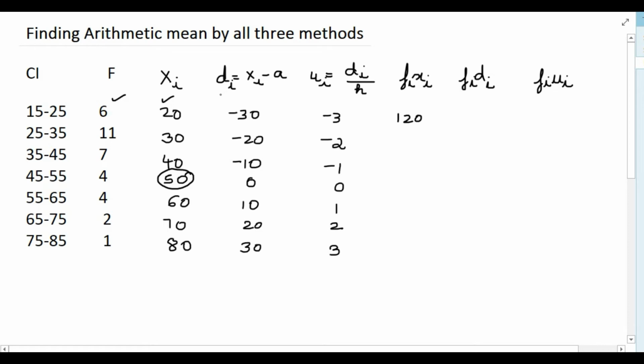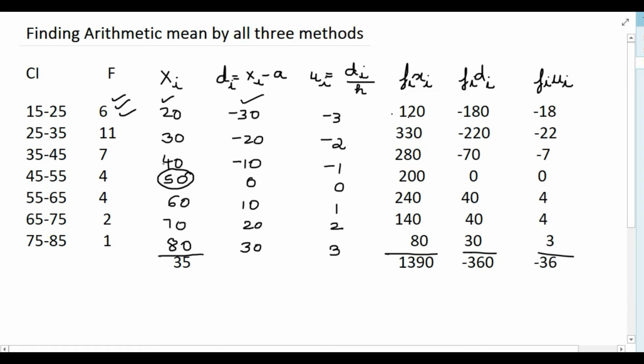Again fi di is 6 into minus 30, which is equal to minus 180, and fi into ui is 6 into minus 3, which is minus 18. So try to find out fi xi, fi di and fi ui in the same way.